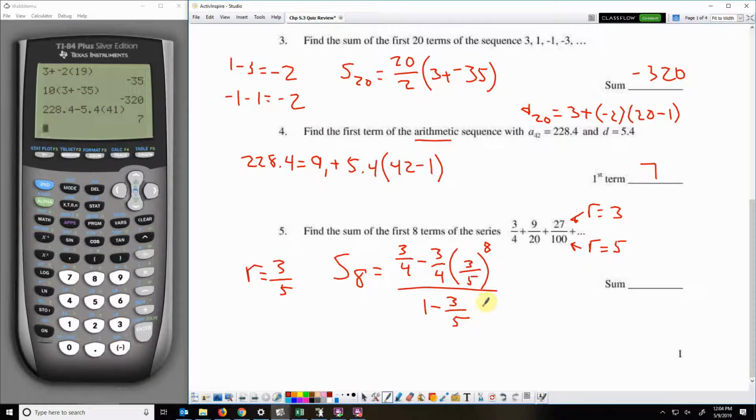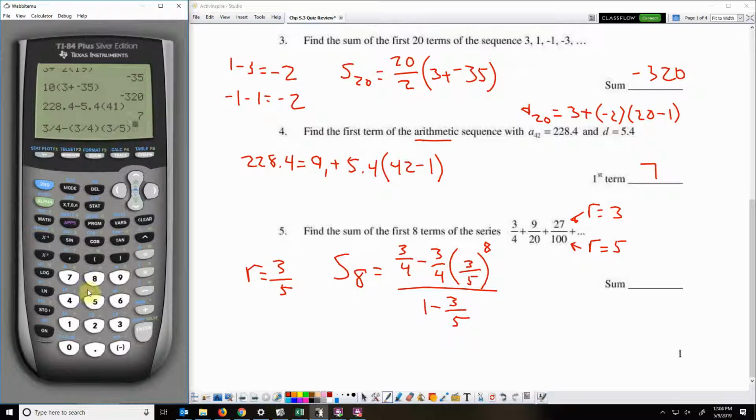I'm going to do the numerator and denominator separately on this one. 3/4 minus, and now I'm going to be multiplying things, so I'm going to use parentheses here. 3/4 times 3/5.